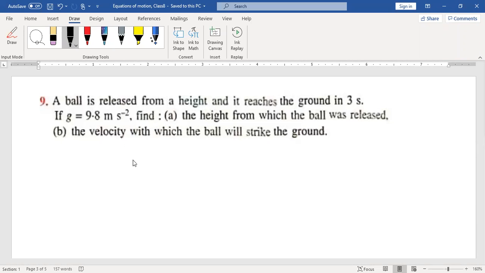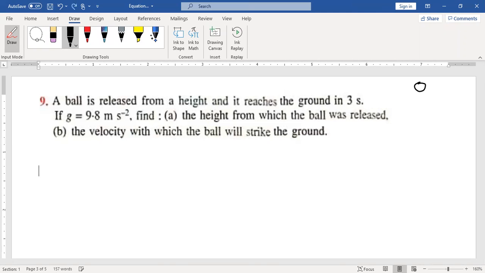A ball is released from a height and it reaches the ground in time 3 seconds. So this means it is a downward motion. Find the height from which the ball was released, and the second part is the velocity with which the ball will strike the ground.